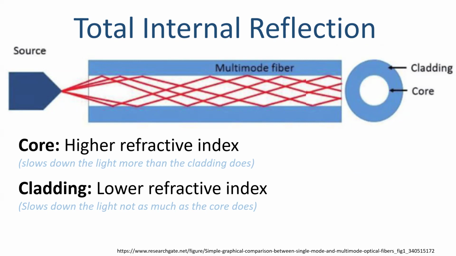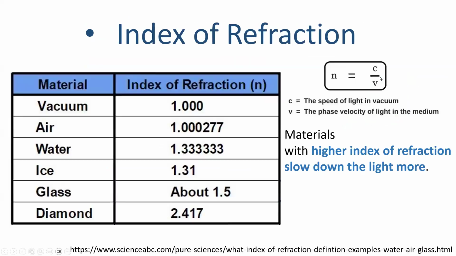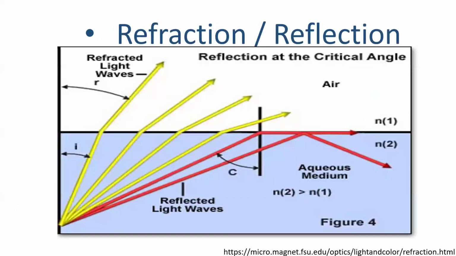All right. The light has to travel in core. Remember this slide right here? We want to keep the light within the core. So let's say this is the core and this is the cladding. The core is going to be slightly less pure of a glass than the cladding. Cladding will have a purer glass than that.